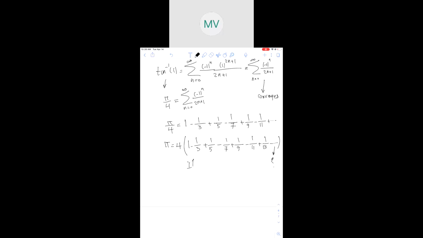So if you can find a supercomputer that can do this summation with as many terms as possible, then you'll be a world genius.